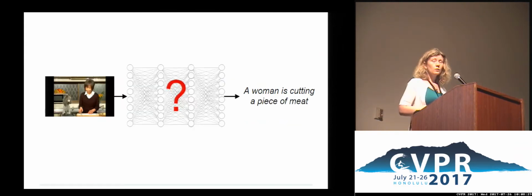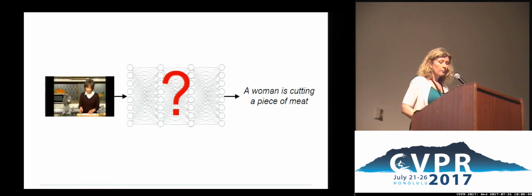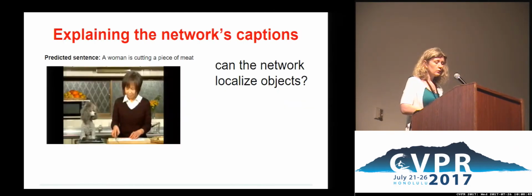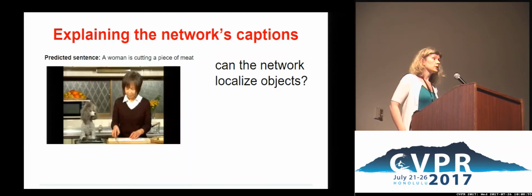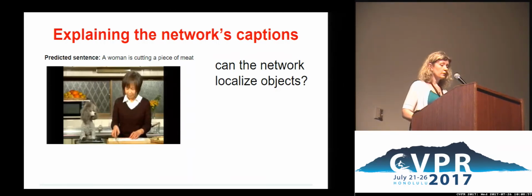So in this work, we wanted to understand what the network actually saw, and what it said based on what it saw in the input video or image, versus something else that it inferred from language and not from vision. So we want to explain the predicted caption words by seeing if the network can actually localize objects that correspond to words in those captions.